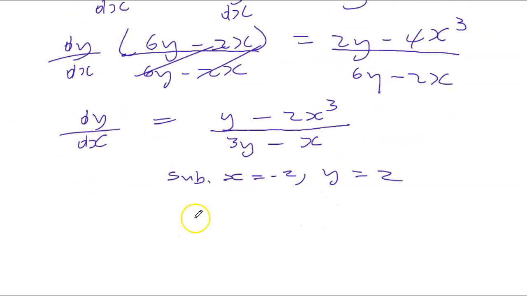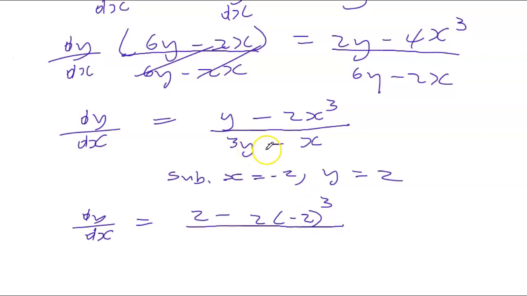Alright, so replacing, we end up with dy by dx equal y, and y is 2, minus 2 times x cubed, and x is negative 2, so that's negative 2 cubed, over 3 times y, that becomes 3 times 2, minus x, and x is negative 2.